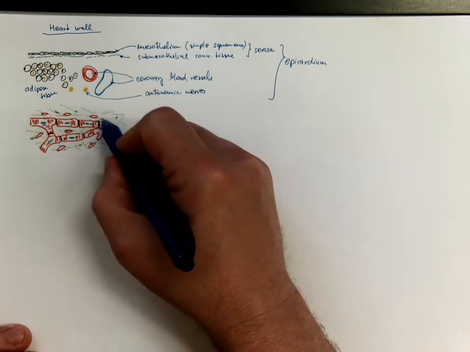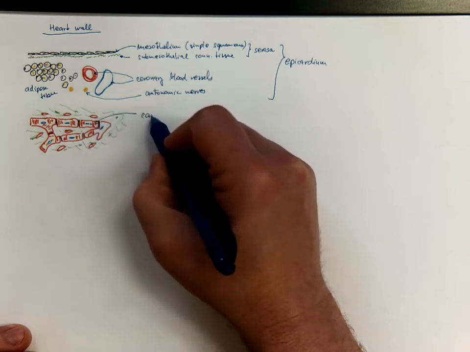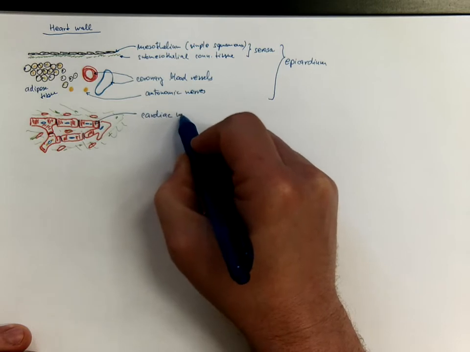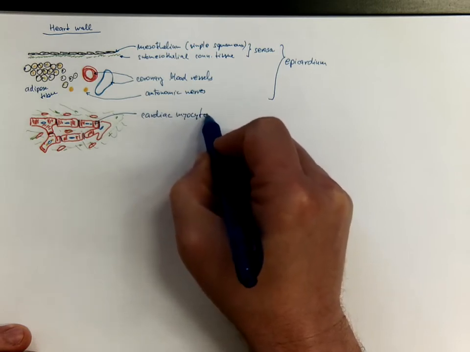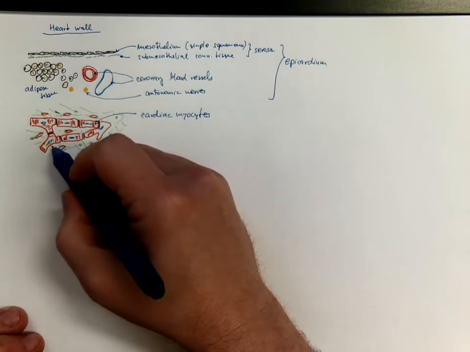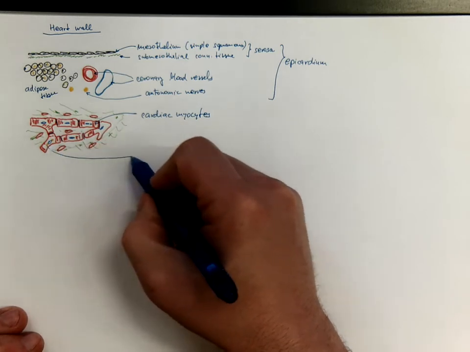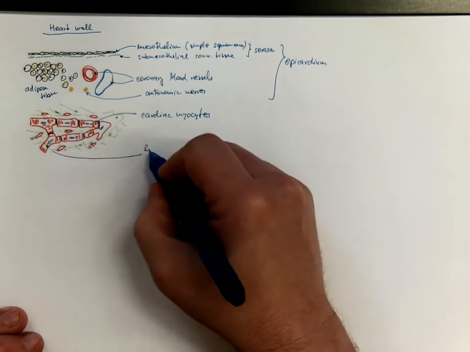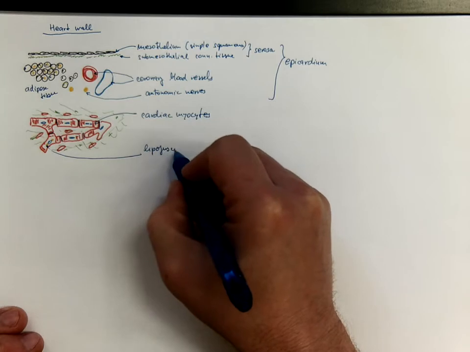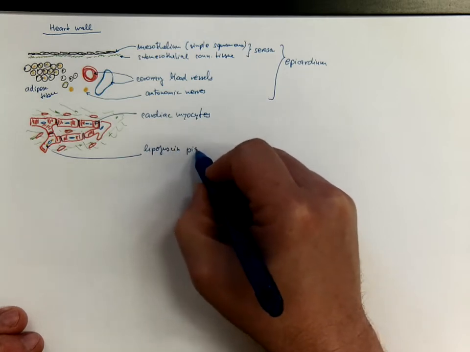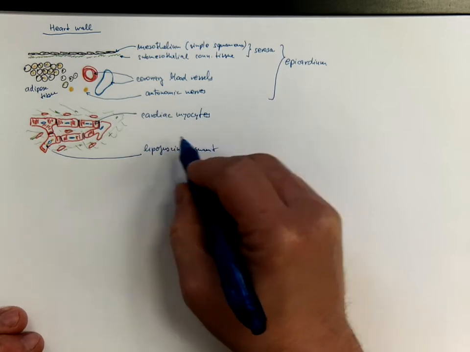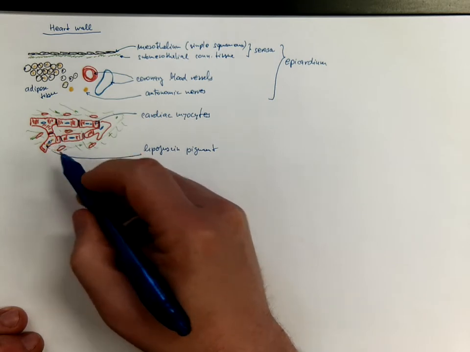So these are cardiac myocytes. There is this lipofuscin pigment on the poles of the nuclei.